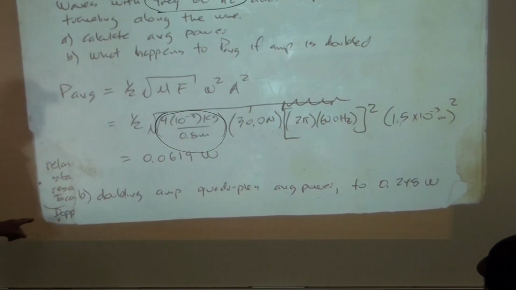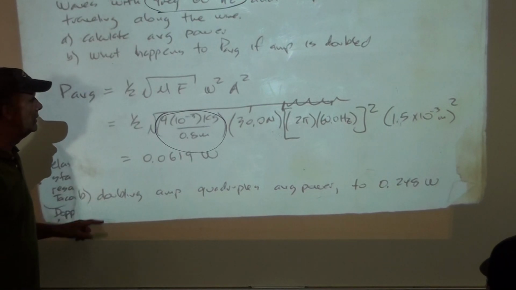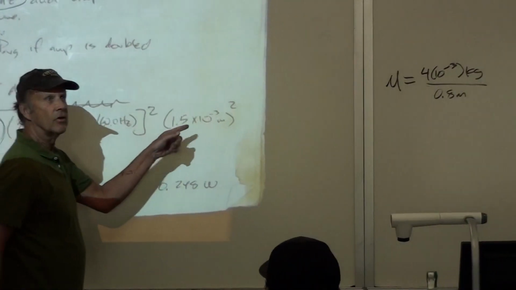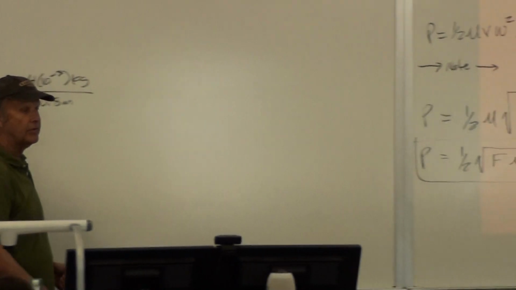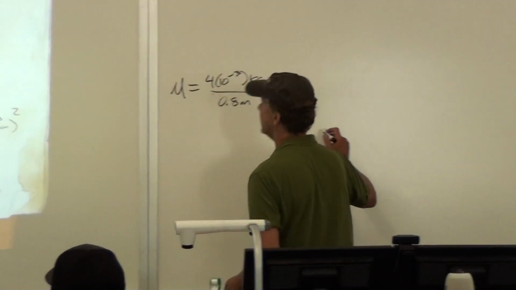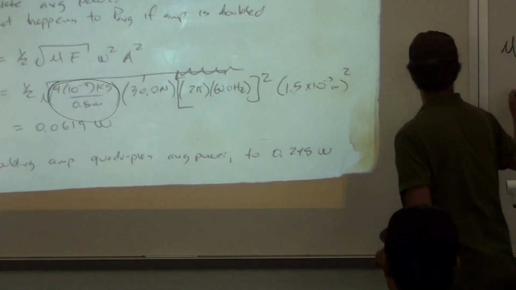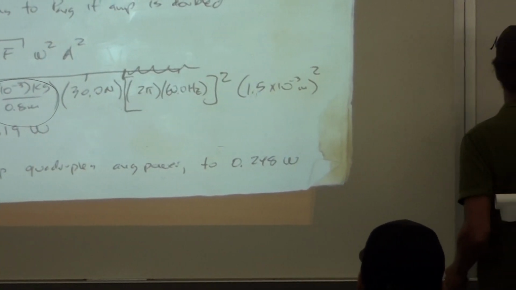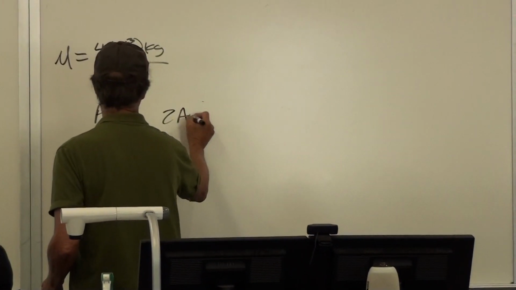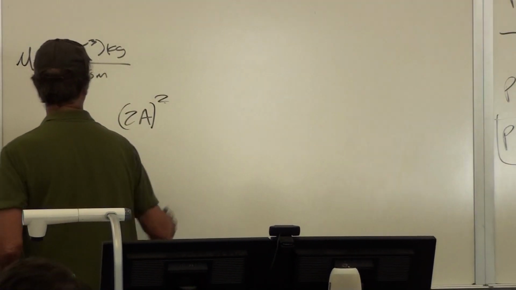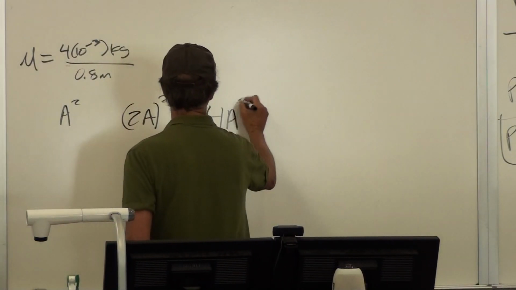Now what happens if we double the amplitude? Well, we don't have to go all the way through. We just know that doubling the amplitude is going to quadruple the power, because instead of a squared, you'll have 2a squared, so that's going to be 4a squared.